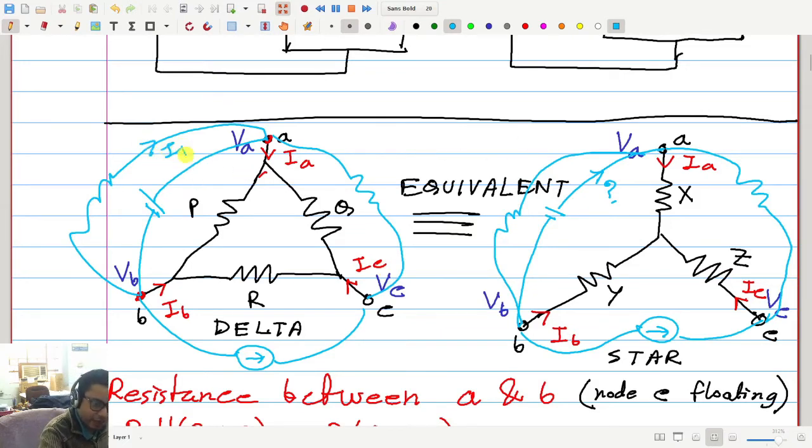If this current is I1, here also the same current I1 will flow. If this current is I2, here also the same current I2 will flow. Any complicated thing you connect, if you connect the same thing in the delta and in the star, no difference will be observed outside. So the currents in every branch and the voltages at every point outside the star and delta will not change. Yeah, thank you, sir.